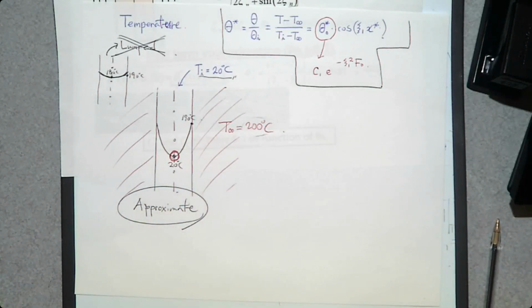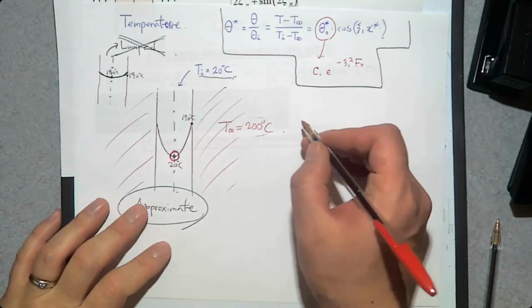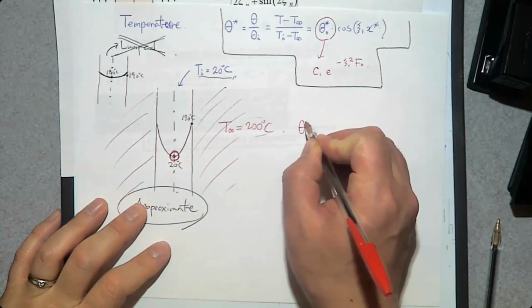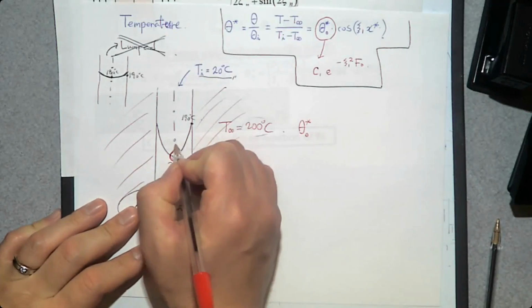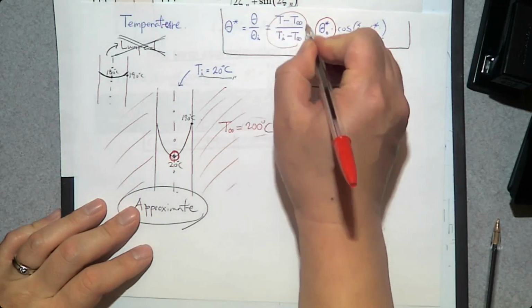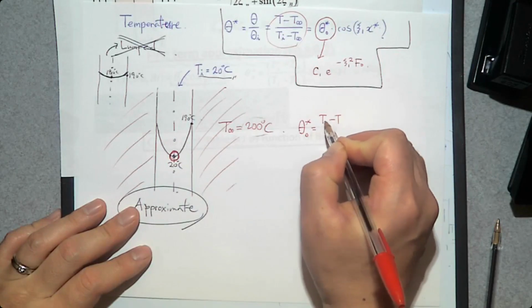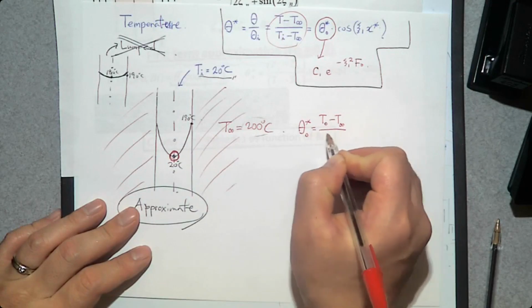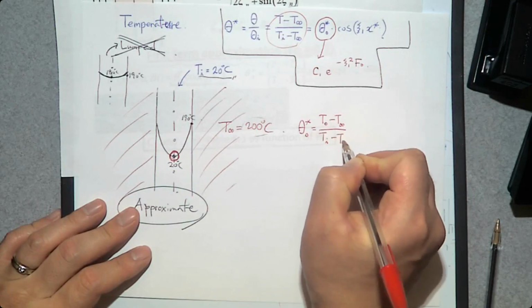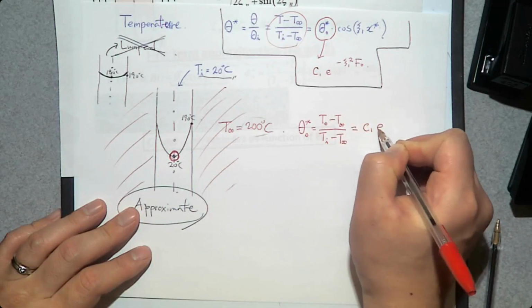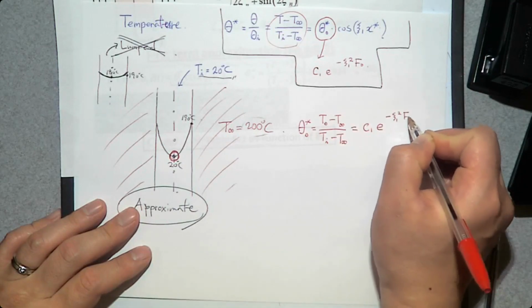Then in this equation, the part that shows the temperature of the center is the one written in red. So theta star 0 means, according to this equation, T0 minus T infinity over Ti minus T infinity is C1 e to the minus zeta1 square Fourier number.